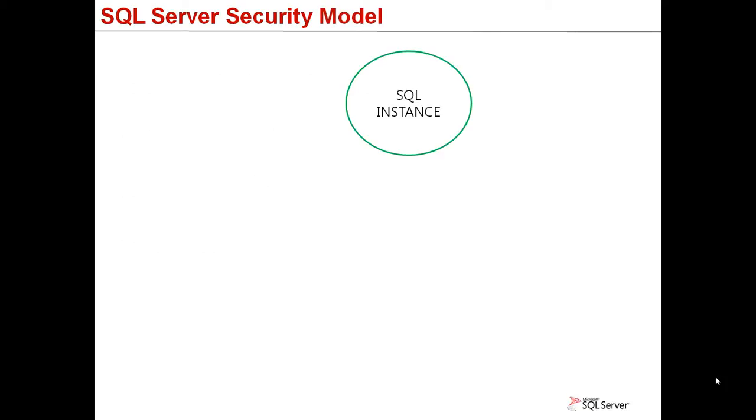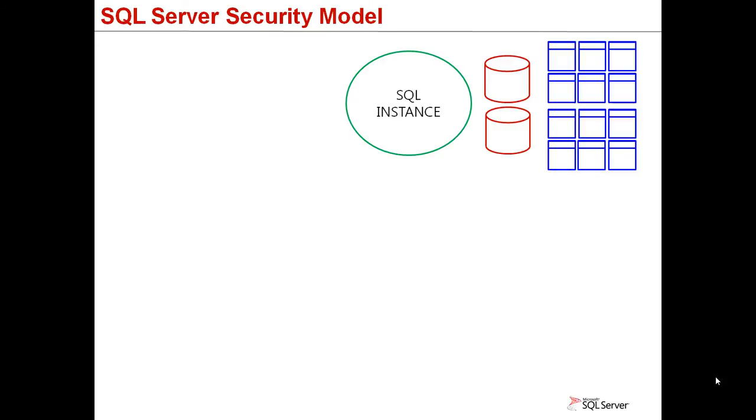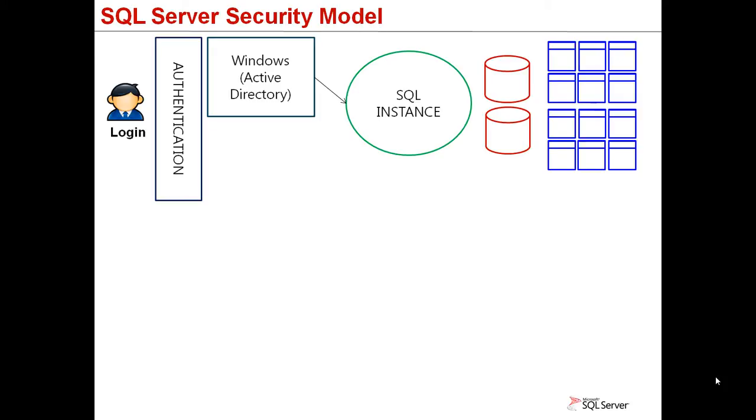The following images will illustrate a little bit about the security aspects I just spoke about in the previous slide. So we have here our SQL instance, some databases, and the tables. And this login has two ways of accessing SQL Server, either using Windows authentication, which is where the user is not prompted for any password because the login is the same used in the Windows server locally or through the Active Directory.